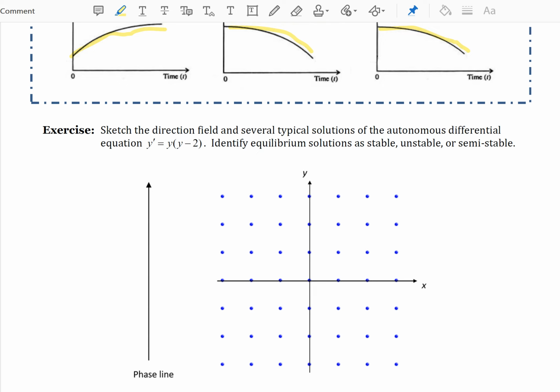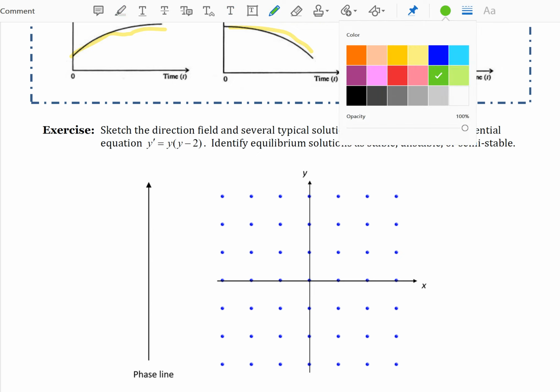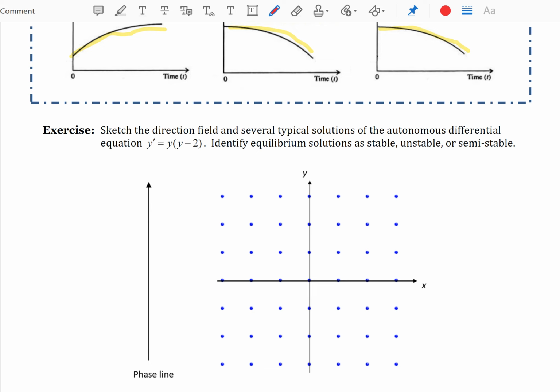Okay, let's look at another example of our direction fields. This one again is very specific because I want to talk about it in different ways. The first thing I think we should notice about this differential equation again is, is this autonomous or non-autonomous?